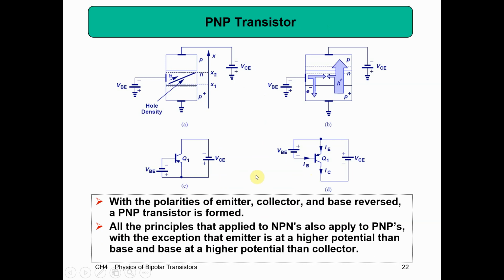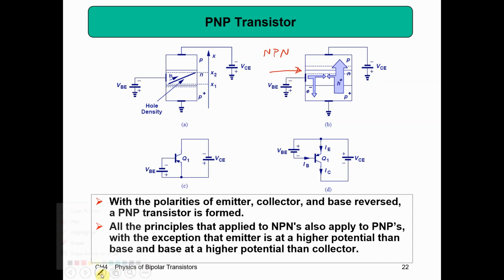Okay, so the last thing that we want to look at is PNP. Before, with my BJT, I had an N region, a P region, and an N region. Now I'm going to swap everything around. So now when I swap everything around, you see that my voltages have to end up changing. Before, with the NPN, I was pushing current in.